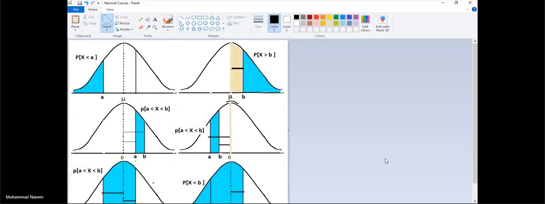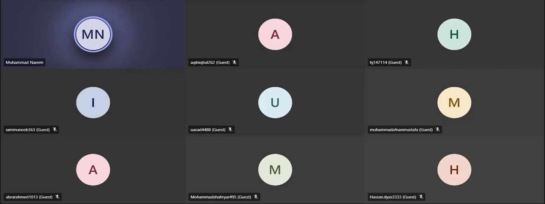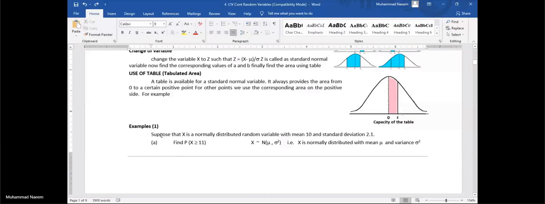Okay, now we discuss some of the problems. Let we have our variable x, which is normally distributed with the mean 10 and standard deviation 2.1.